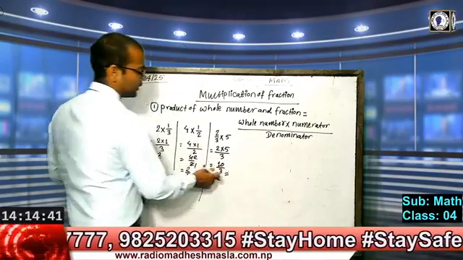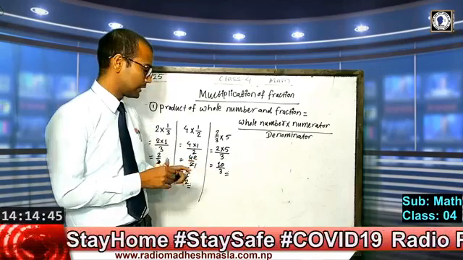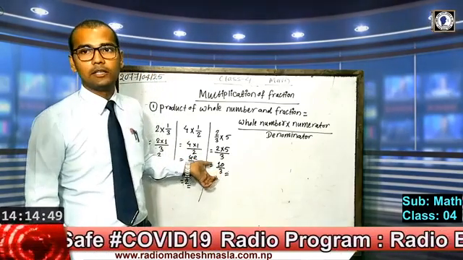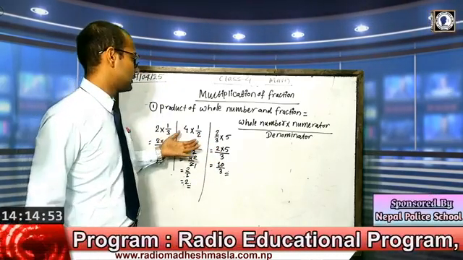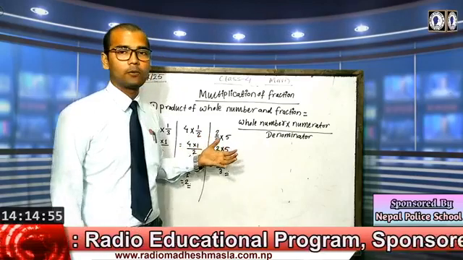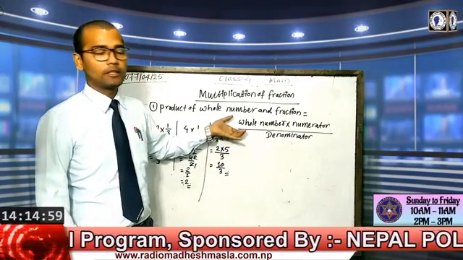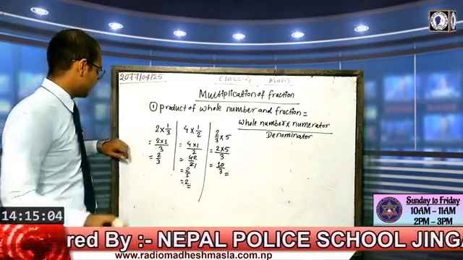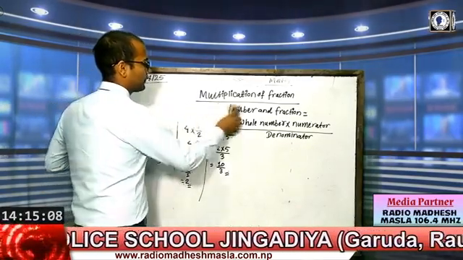Students, they don't have any common factor, so our answer is 10 by 3 only. While solving this type of question, first read the question carefully, then you can use the formula to solve it.